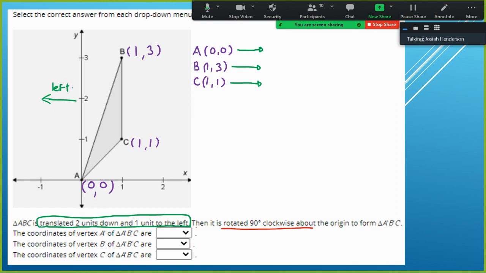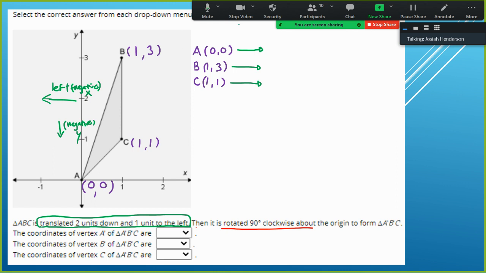So left means do negative. And if they tell us to go down, that's also negative. Negative for the Y though. Negative for X number for left, negative for Y number for down.